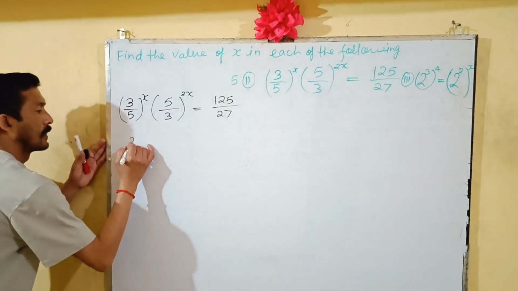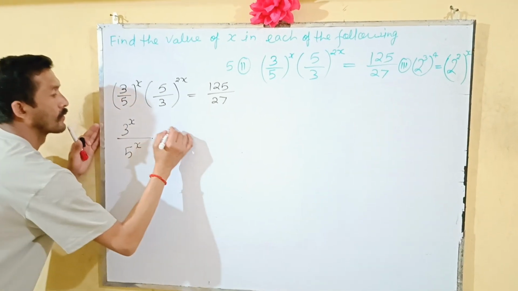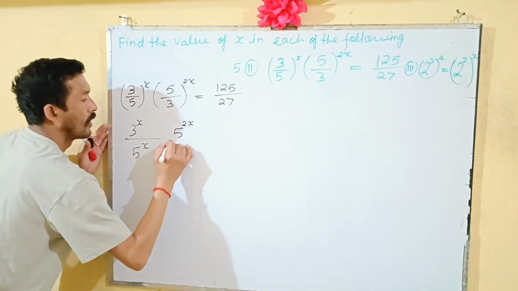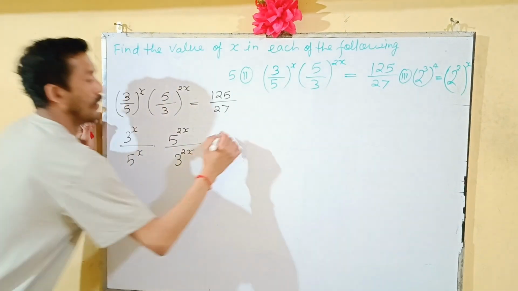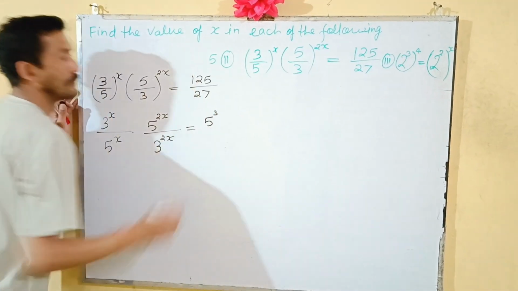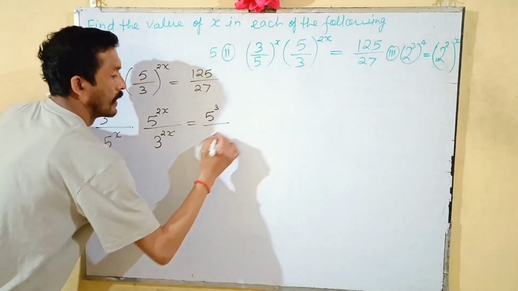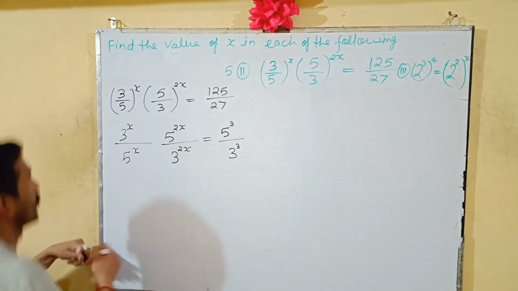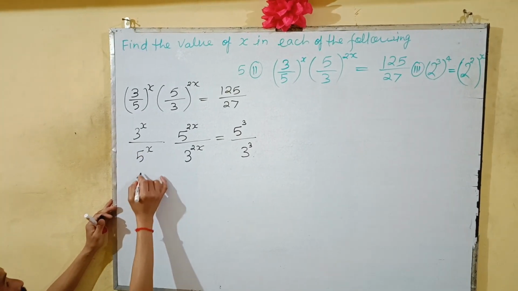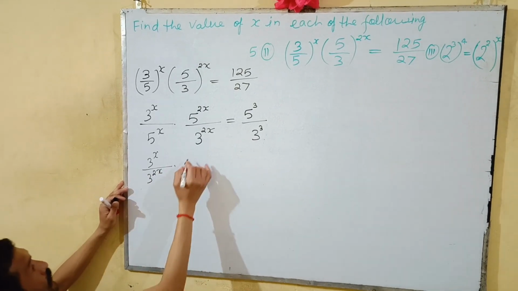Now 3 to the power x upon 5 to the power x into 5 to the power 2x upon 3 to the power 2x equals 5 cube. 5 cube means 125. Okay. 3 cube means 27.